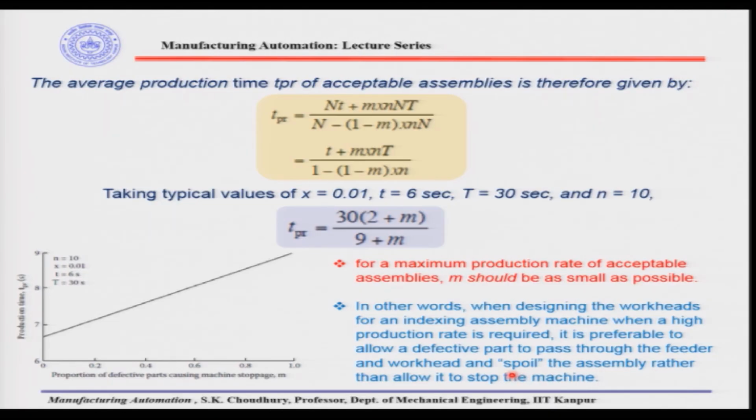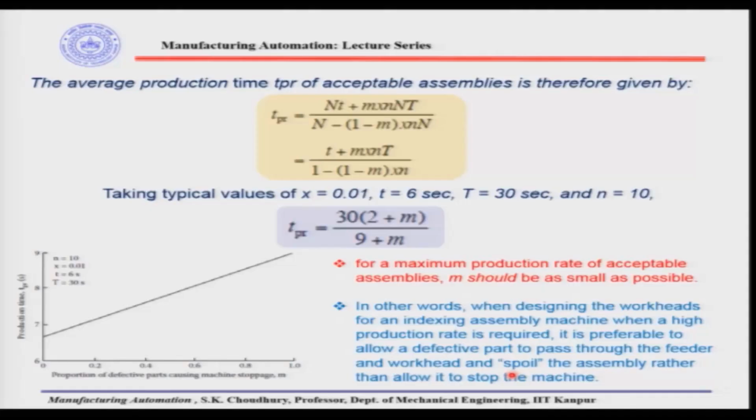You understand, we discussed last time that we have to find out whether machine stoppage is more economical for us, or having an unacceptable assembly is more economical for us. Here is the curve which says that m should be minimum. M should be minimum means let it go, let it spoil the assembly. So, this is the one conclusion that we can draw.